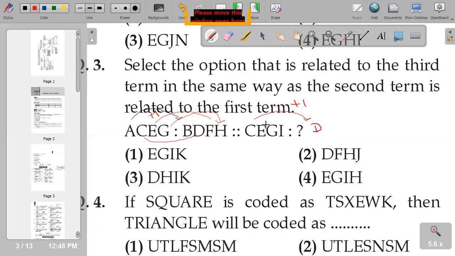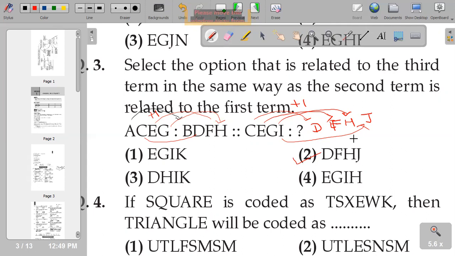So C to D, E to F, G to H, I to J: D, F, H, J.